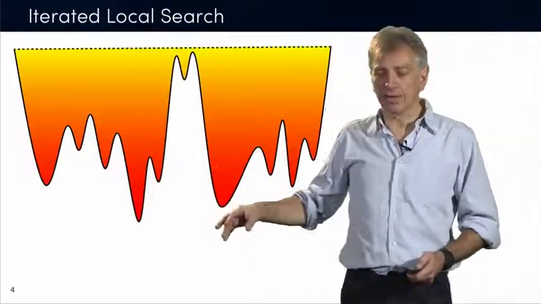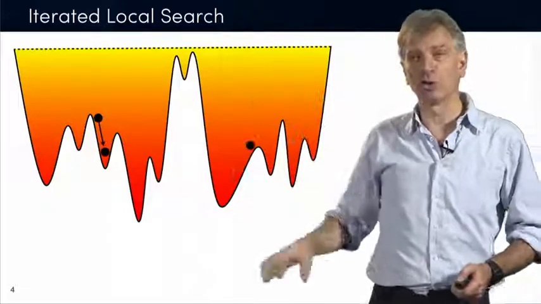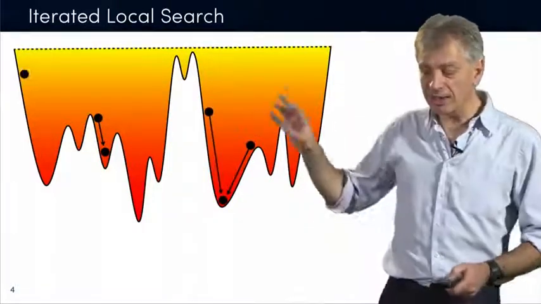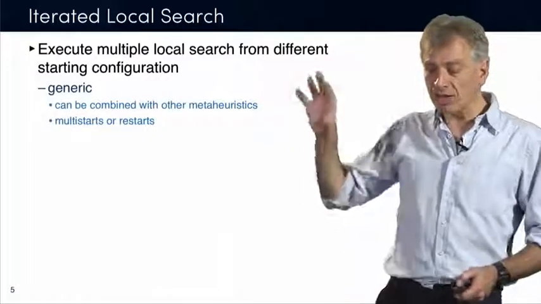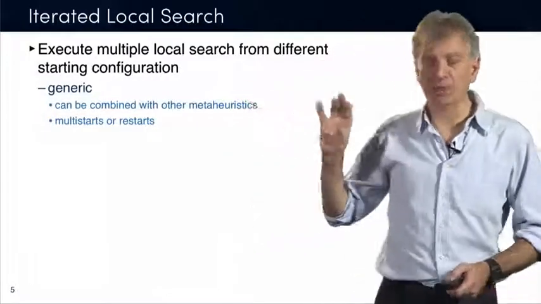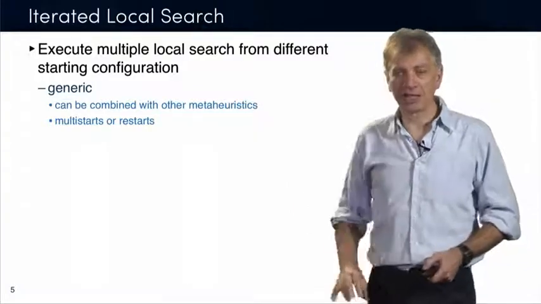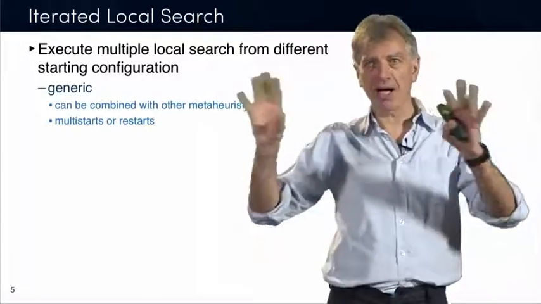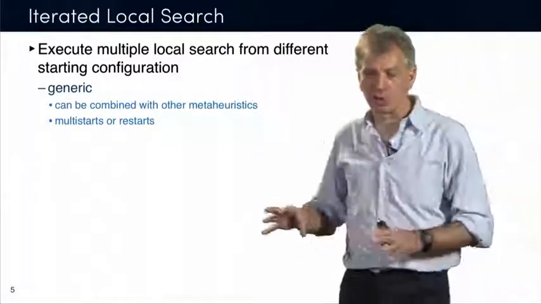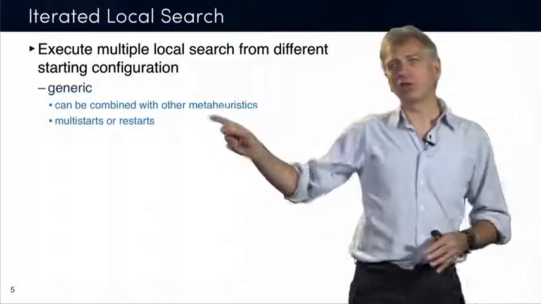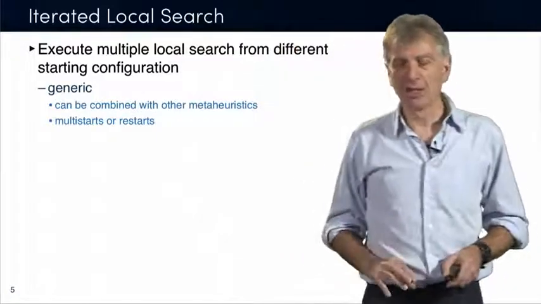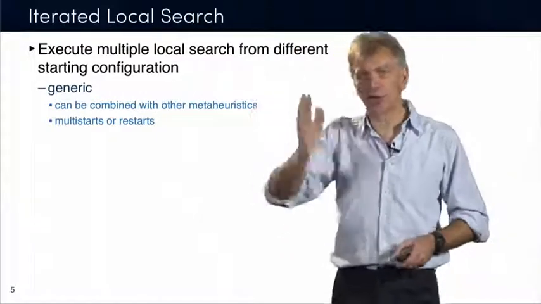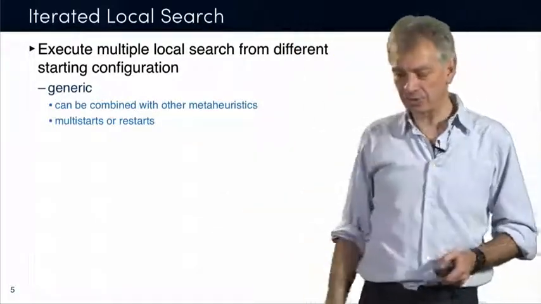And then at the end, you essentially take the best solution that you have found. So that's the key idea of iterated local search. Basically, you execute multiple local searches from different starting configurations. It's generic in the sense that it can be combined with many other meta-heuristics that I'm going to show you later on. And it's often called multi-start search or search with restarts and so on. But the key idea is that you have a local search and you iterate it many, many times.